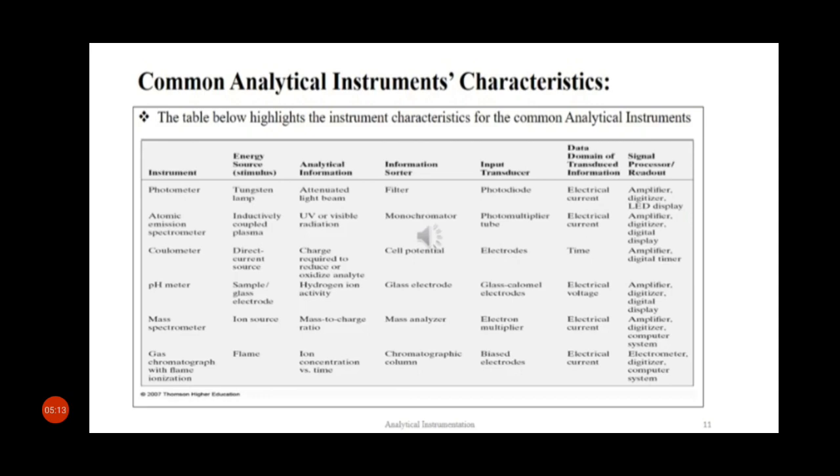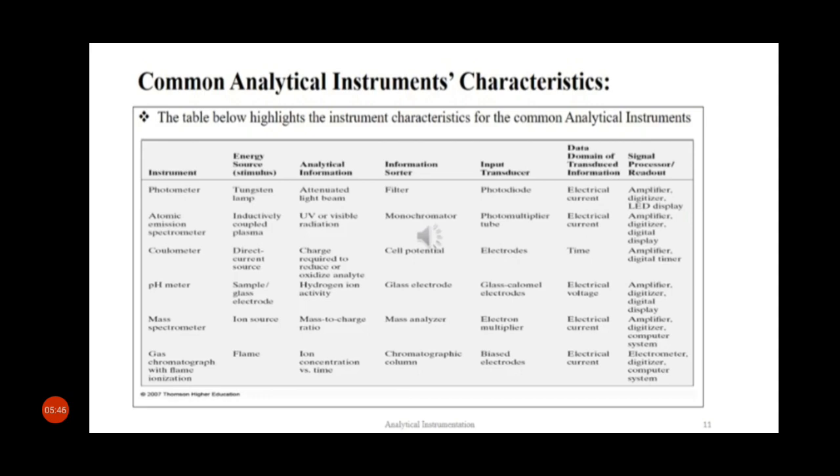In a coulometer, the energy source is a direct current source, that means DC current. Analytical information is the charge required to reduce or oxidize the analyte. Information sorter is cell potential. Input transducer is electrodes. Data domain of transduced information is time. And readout is an amplifier and digital timer.